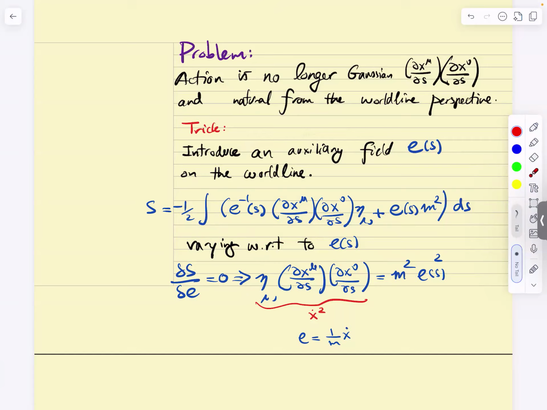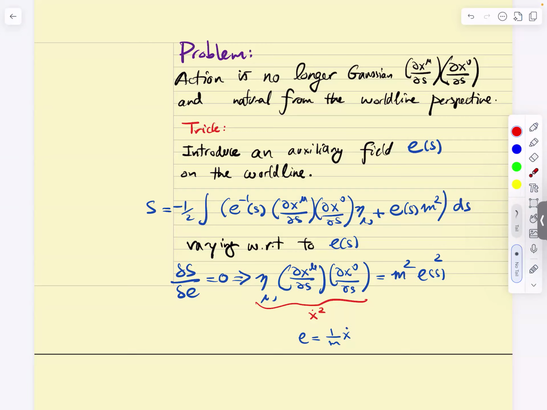So it looks like a constraint. Is that clear, what I'm just saying? If you path integrate over something like e of s, all it does is apply a constraint. It's like a Lagrange multiplier. That's what it is. It's literally a Lagrange multiplier.